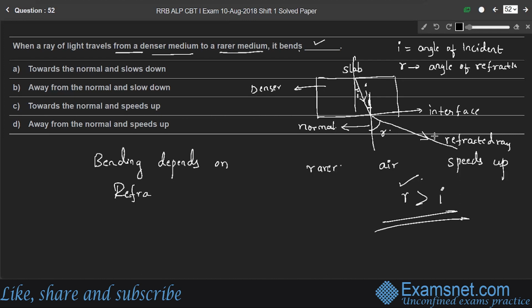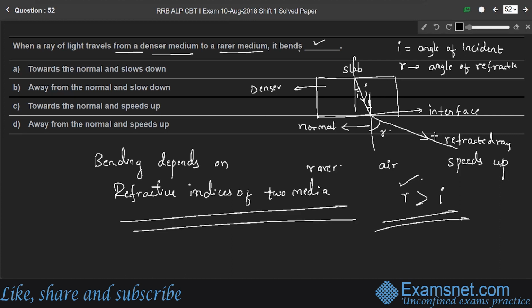Here you should know that when light travels from denser to rarer medium, the refracted ray moves away from the normal, and also its speed increases, speeds up. Therefore, looking at the options, Option D is the right answer.